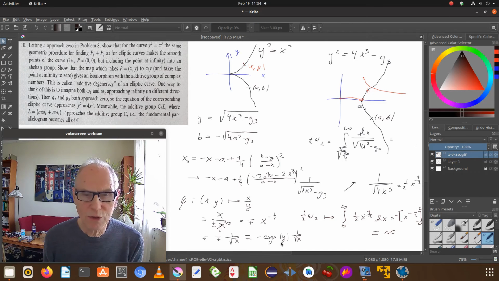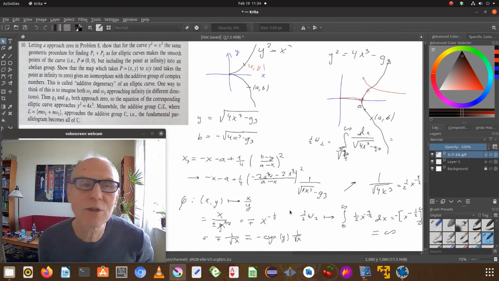This actually shows it's one-to-one, and also onto, because this covers the two signs of the square root, the two branches of the square root, sorry.